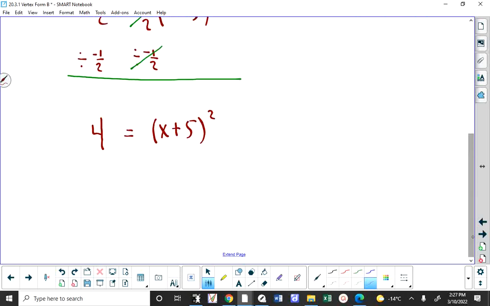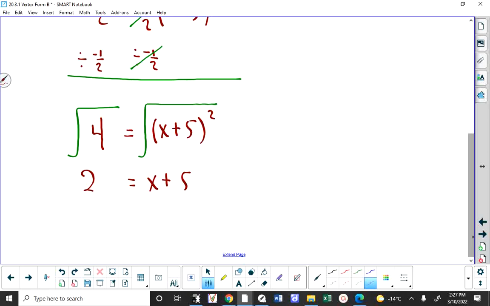I can't open up the box that's in my present until I unwrap the box. Okay. So now I take the square root and I end up with x plus 5 equals the square root of 4, which is 2. You're still with me? There's a mistake that I've just made.